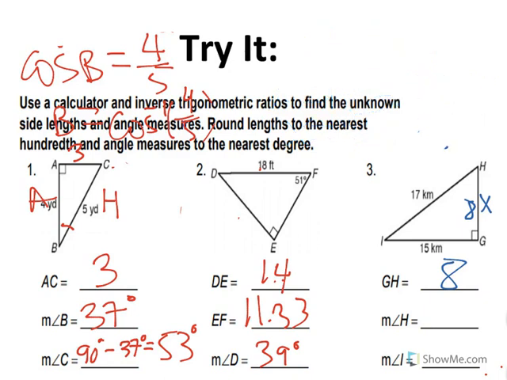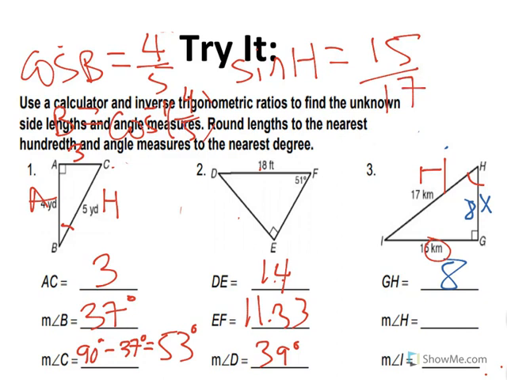And then now to solve for angle H, so from here, we have opposite and hypotenuse, so we can use sine. So sine of angle H equal to opposite over hypotenuse. So that means that H is equal to sine inverse of 15 over 17.